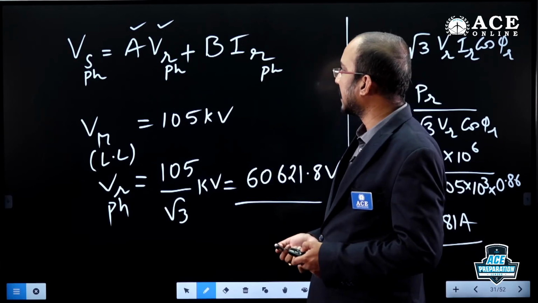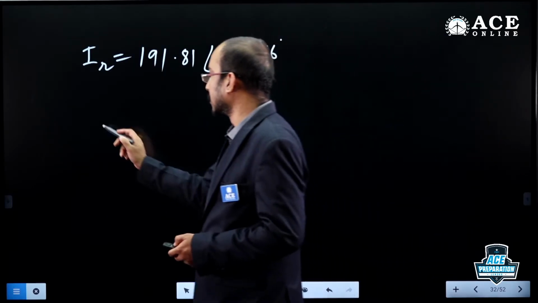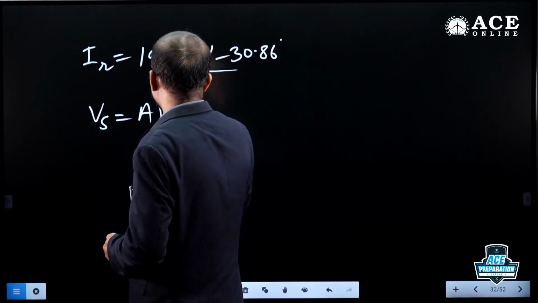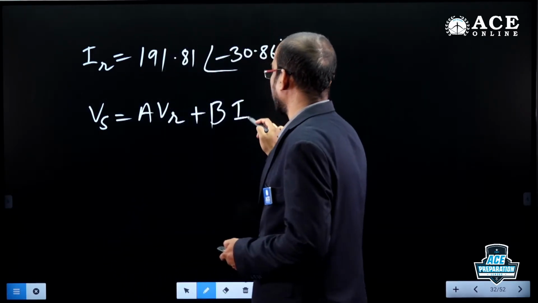Now can we calculate the sending end voltage? Vs is A VR plus B into IR.